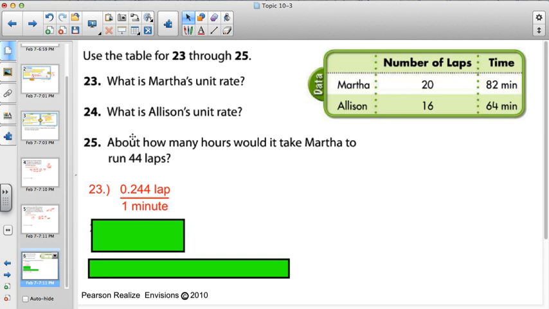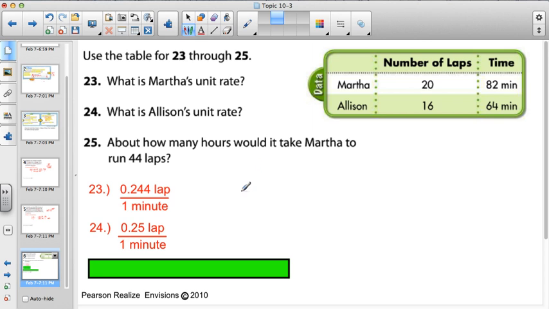Our next answer is, what is Allison's unit rate? Well, Allison is 16 to 64. So if we check our answer, Allison can travel 25 hundredths of a lap in 1 minute. And you establish that by doing the same procedure for finding a proportion. You would simply take her 16 laps in 64 minutes, and you would need to divide. You can divide in the traditional sense of the algorithm, 16 divided by 64.